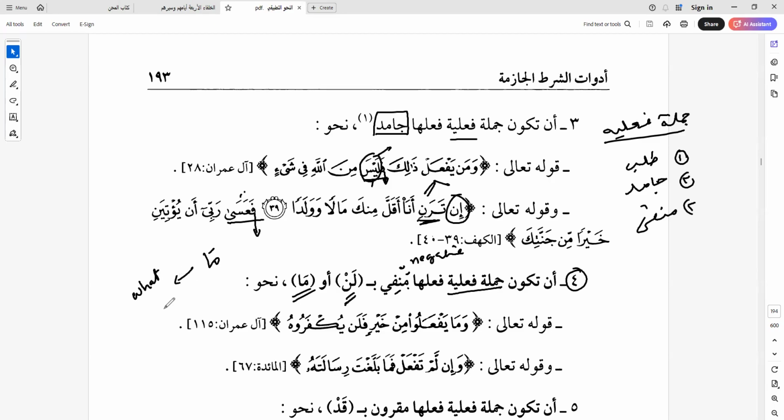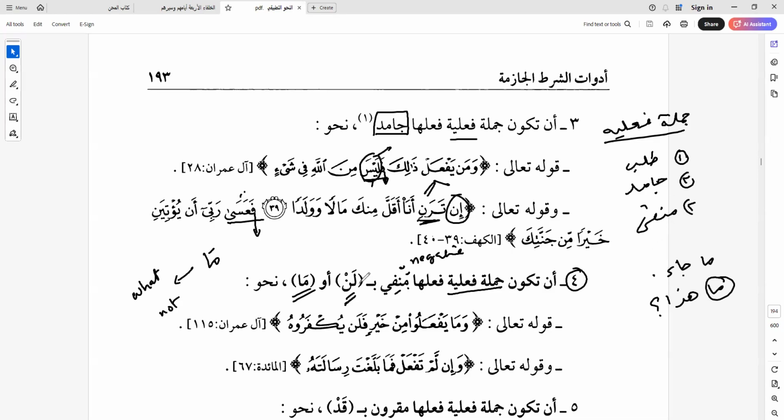Ma can be not. For instance, when you say ma ja'a, he didn't come. But when you say ma hadha, what is this? Ma that tends to dance with nouns. And then ma that is negation tends to dance with verbs, but it's not always the case.